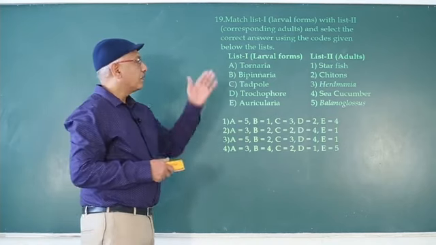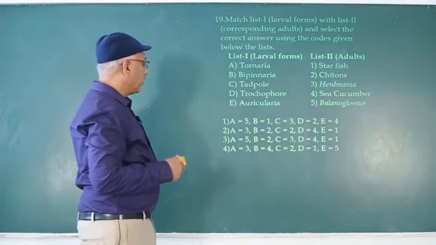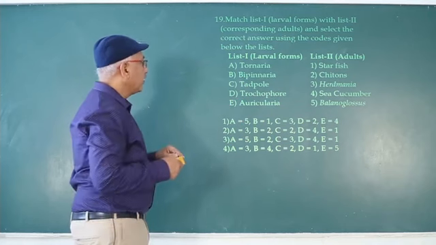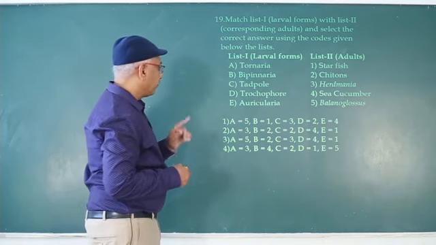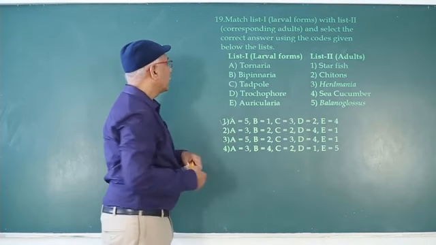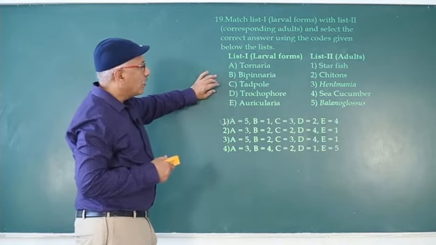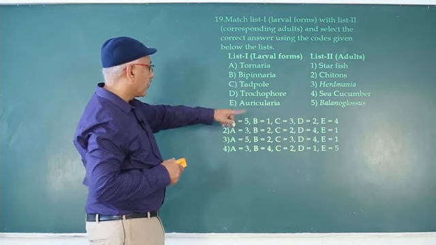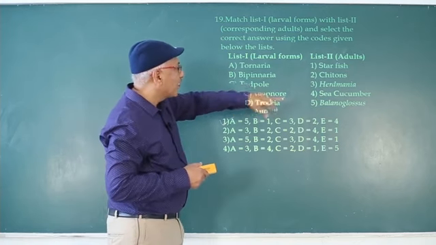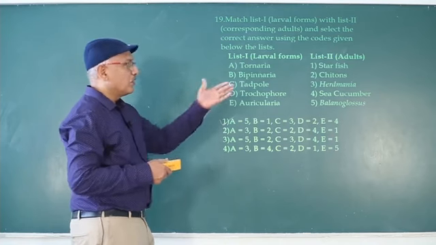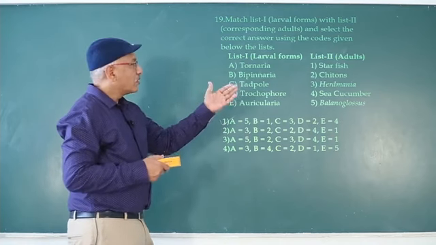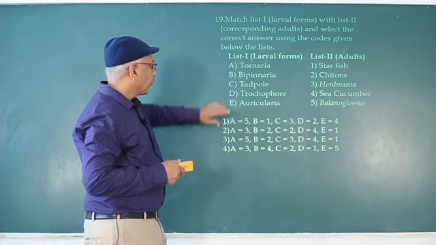Match the following. Tornaria larva, Balanoglossus, means A5. Bipinnaria larva, starfish, B1. So, first option. Tadpole larva, seen in Herdmania. Herdmania is an ascidian tadpole larva. Herdmania belongs to subphylum Urochordata.